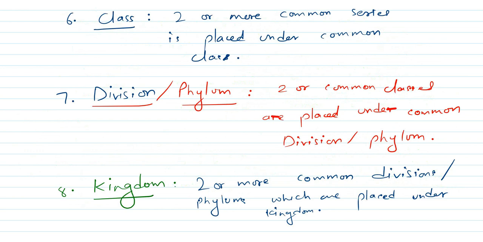But you need to know the concept behind how they are placed, because that is very important. For example, you can refer to NCERT biology. So I hope you have understood the concept of taxonomic categories. This arrangement of taxonomic categories is called as taxonomic hierarchy.